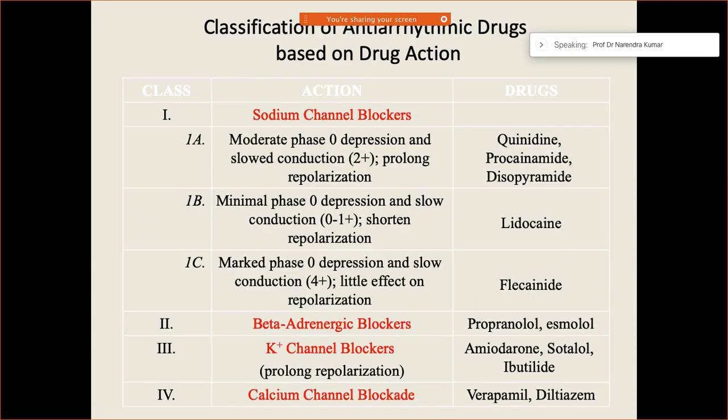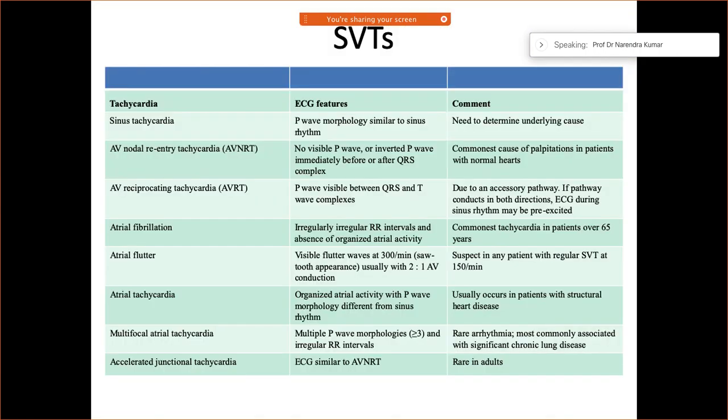But even after that, there is another group of drugs which I'm going to talk to you about. Now I think you are all very much aware, so what about its clinical applications? How can we apply the knowledge which we learned today? We are aware that various supraventricular tachycardias can be present.